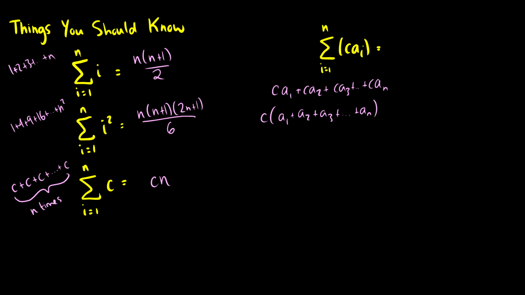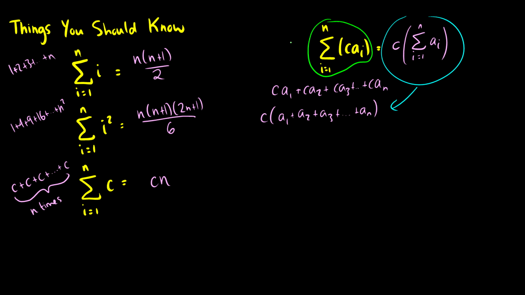So if we have the sum of i equals 1 through n of c times ai, we can rewrite this as c times the sum of i equals 1 to n of ai. So again, this part right here is just this notation, and this part right here is this notation.